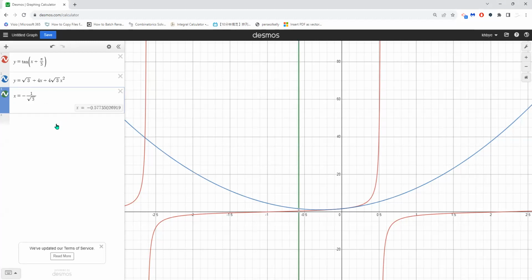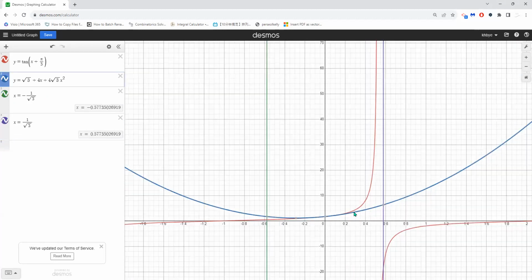From x equals negative 1 over root 3, the green line, to x equals positive 1 over root 3, this blue curve is a good approximation of the red curve. Maybe you can argue that it has to be even smaller, because the moment you expand this part, it's definitely off already. It's getting way off within this interval.